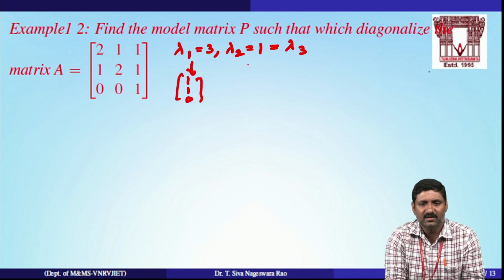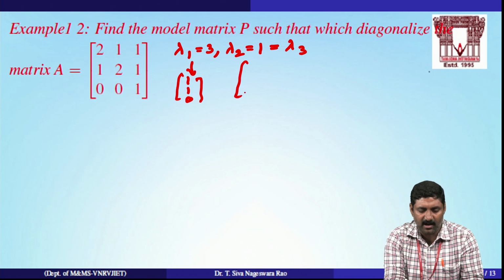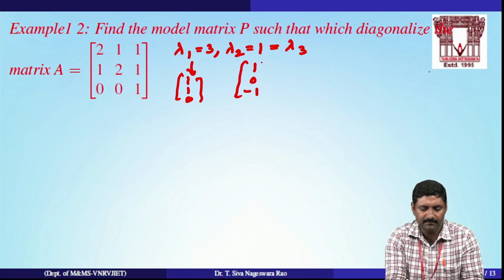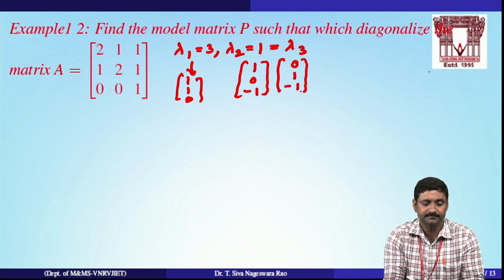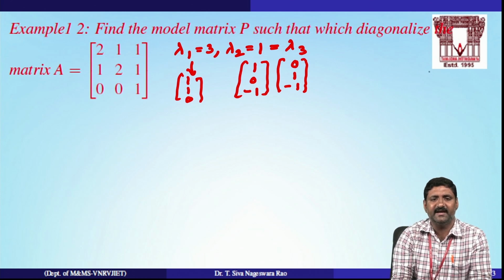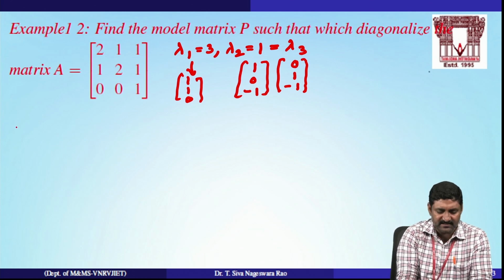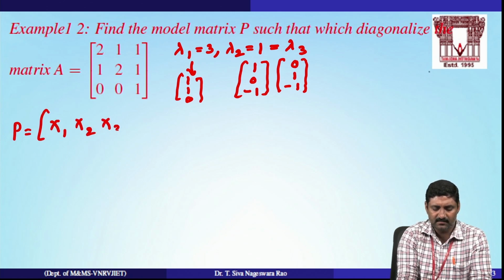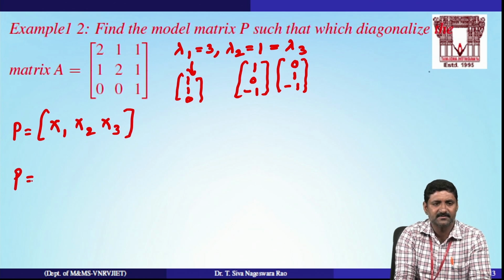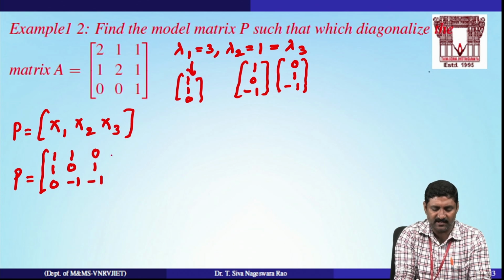Corresponding to lambda 2 and lambda 3, the eigenvectors are 1, 0, minus 1, and 0, 1, minus 1. So, I am going to create the model matrix capital P with these eigenvectors x1, x2, x3. Therefore, the capital P becomes 1, 1, 0, 1, 0, minus 1, 0, 1, minus 1.